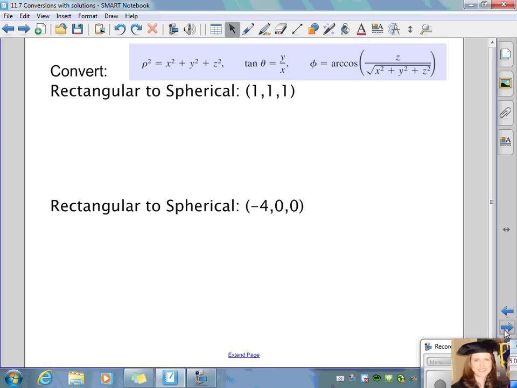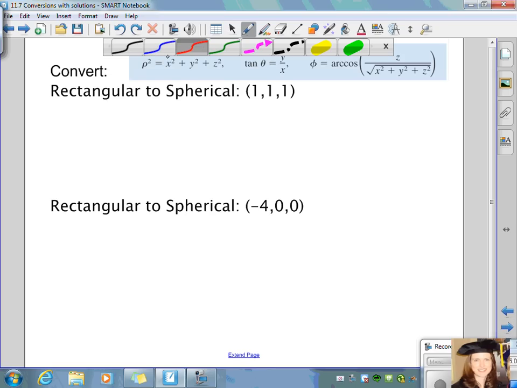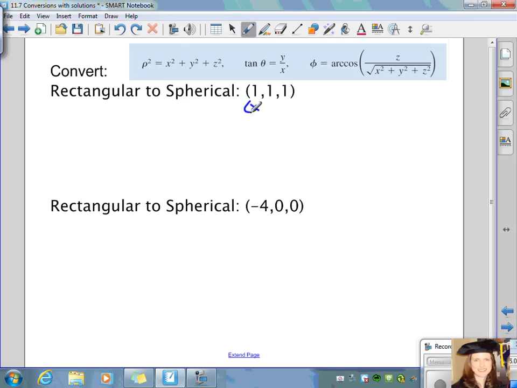So let's look at the first example, the rectangular point (1, 1, 1). We want to convert that to a spherical point, using the spherical coordinate system. In rectangular, our points are given as x, comma, y, comma, z.